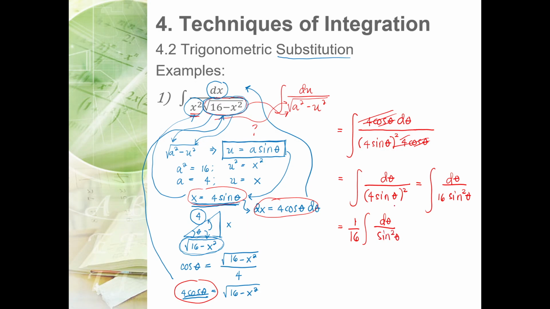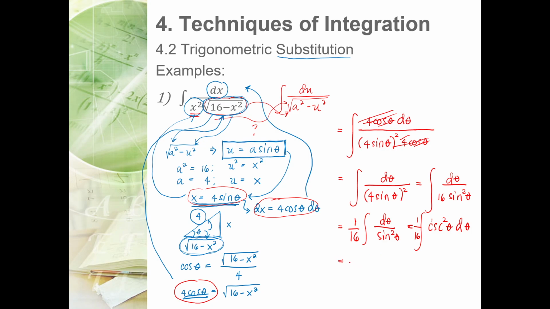If you try to recall your trigonometric integrals, this one is a formula already, because if you reformat this, it becomes 1 over 16 cosecant squared theta d theta. So we have a formula for this one, cosecant squared theta.